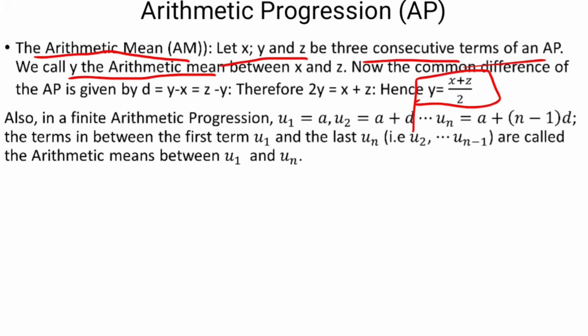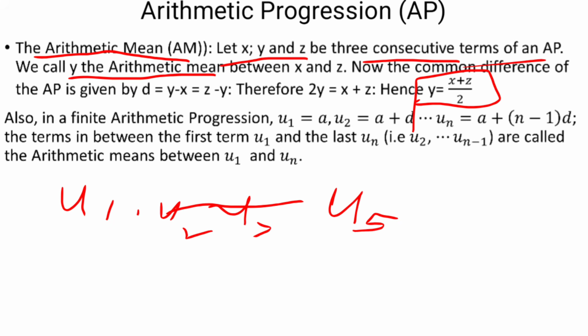So if you have x, y, and z, other things you need to know are if you have terms, say u1, and in between them there are other elements before you get to say u5. Let me clean this and make it cleaner.